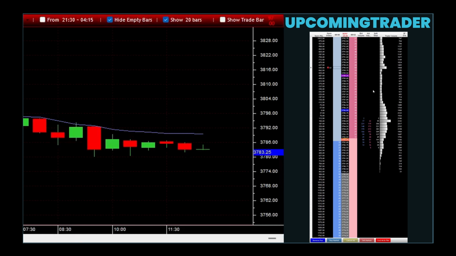The downside Tasuki Gap is a pattern observed on charts during a continuing downtrend, providing insight into the momentum of the falling market. It begins with a long candle that is black or red, indicating a significant drop in price. This first candle is followed by a gap down in the market, where the opening price on the following day is lower than the closing price of the day before, further signifying bearish sentiment.